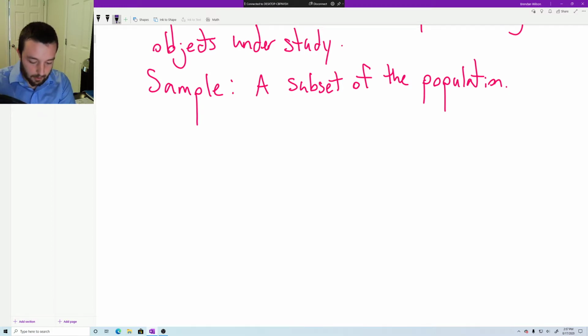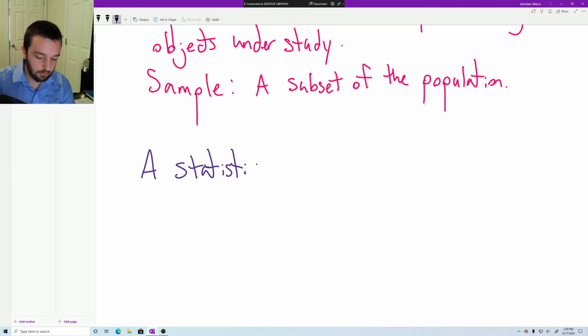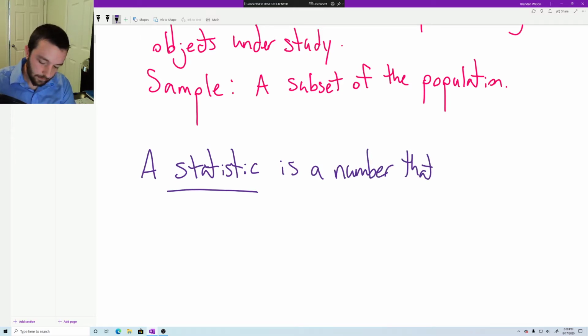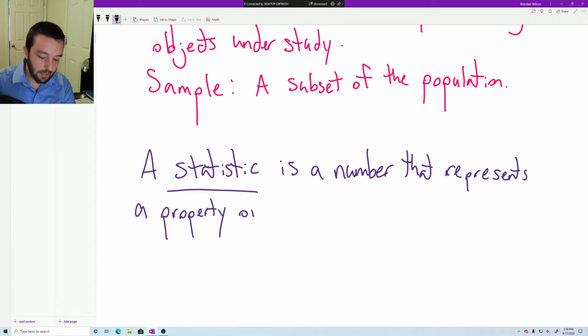Let's talk about a statistic. Okay, so not the branch of mathematics called statistics, but what do we mean by a statistic? Like, here's some statistics for you to read. What does that mean? Okay, so a statistic is a number that represents a property of the sample.